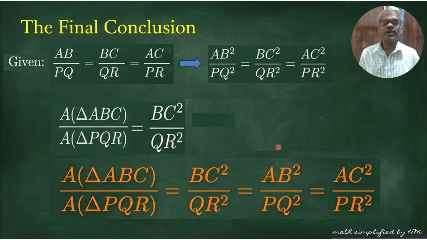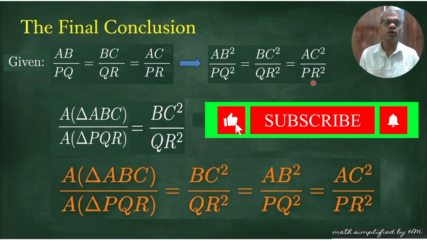The final conclusion: given that AB upon PQ is equal to BC upon QR is equal to AC upon PR, which implies that squaring each term we get AB square upon PQ square is equal to BC square upon QR square is equal to AC square upon PR square.